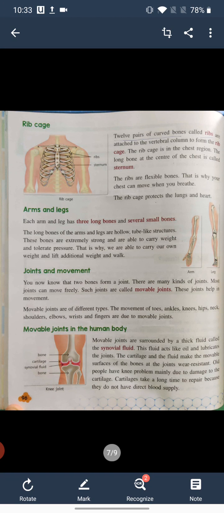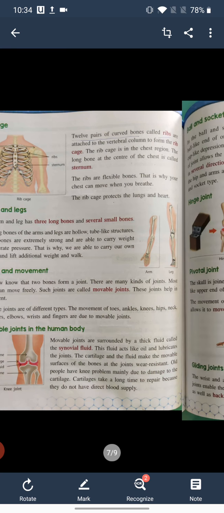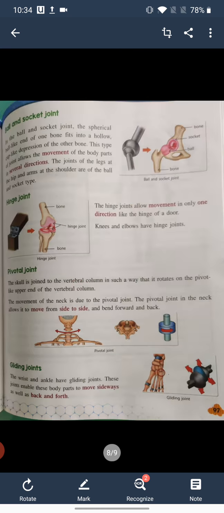At joints, the bones are held together by ligaments. There are different types of joints in our body. Now I will explain the types of bone joints. First, fixed joints.